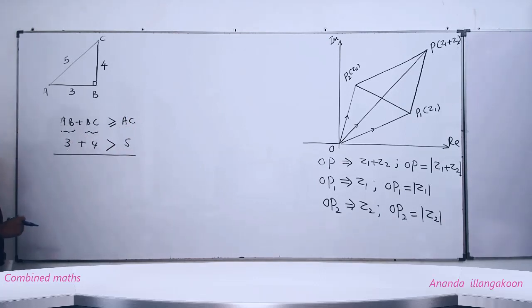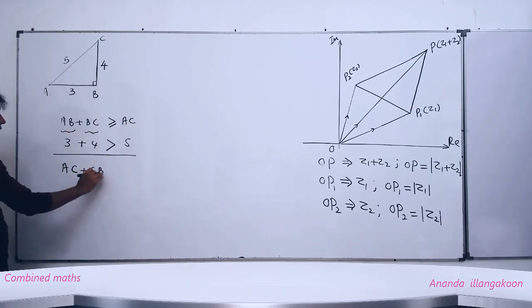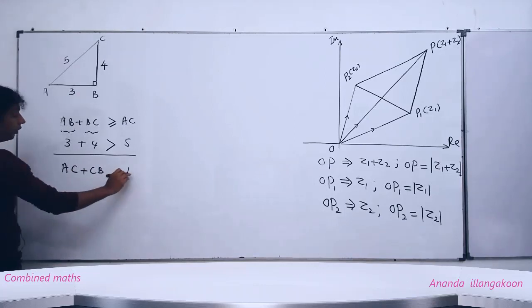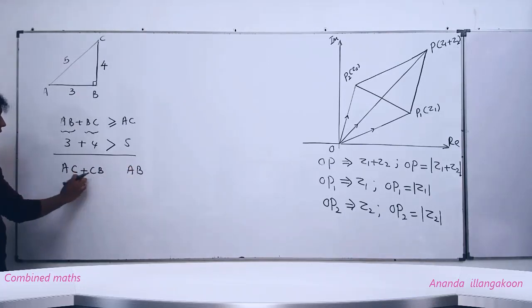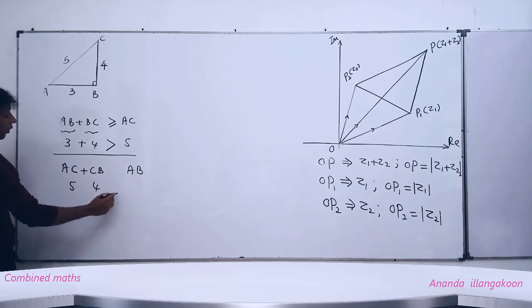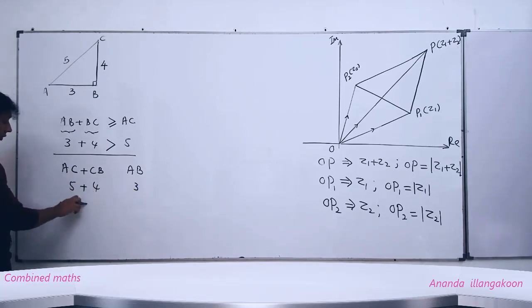Now, next thing is, suppose I take AC plus CB and consider AB. Sum of any two sides: AC is 5, CB is 4, AB is 3, greater, like this.